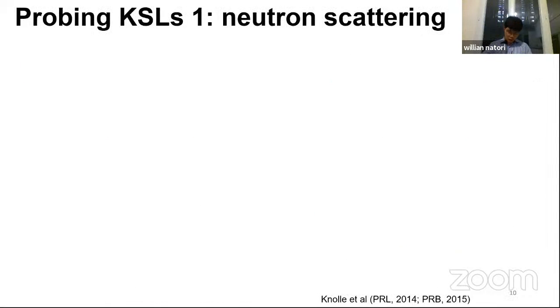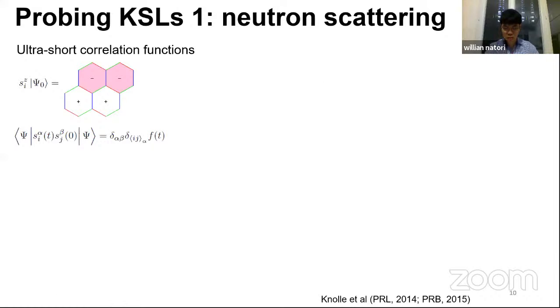Now, let me start with the technical stuff, and also something that's interesting to introduce general Kitaev physics. One thing that's interesting is that the neutron scattering response of the Kitaev model can be exactly calculated.